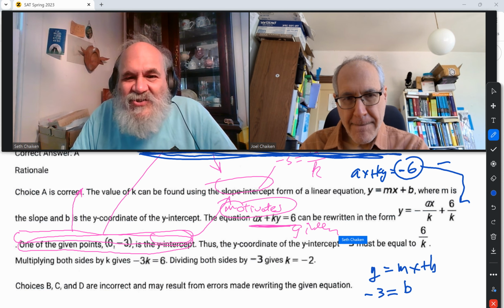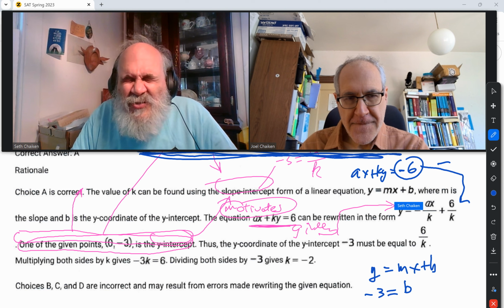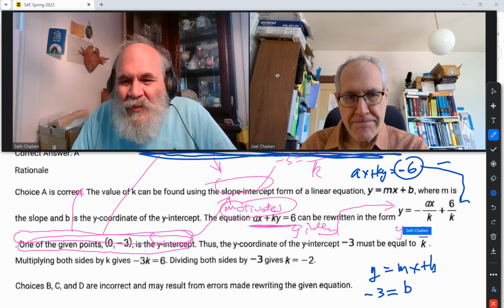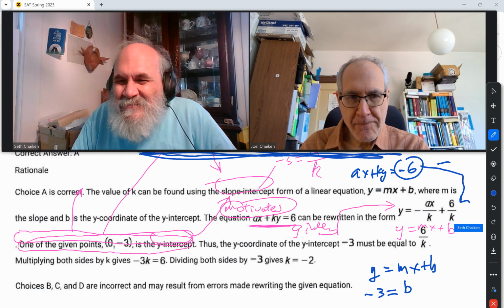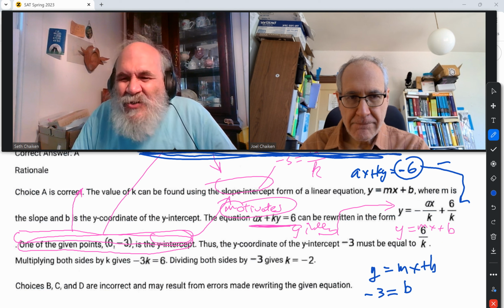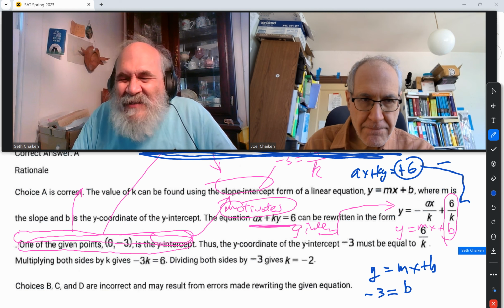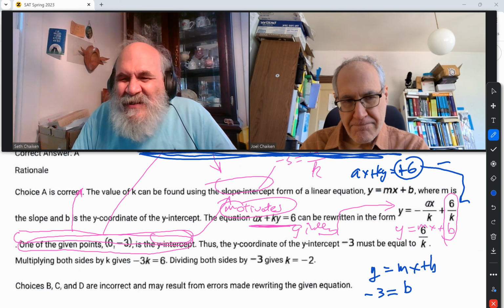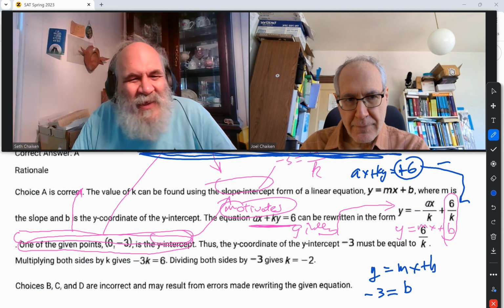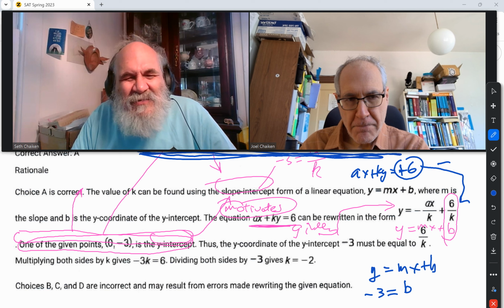So their strategy is to rewrite the given into slope-intercept form, y equals mx plus b. And therefore, after rewriting it into that form, you see that the y-intercept is 6 over k, and they tell you that the y-intercept is -3, which is equal to 6 over k.